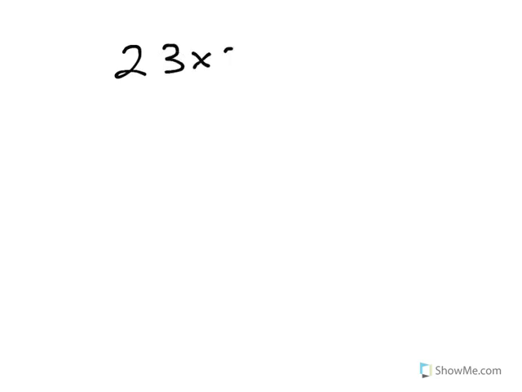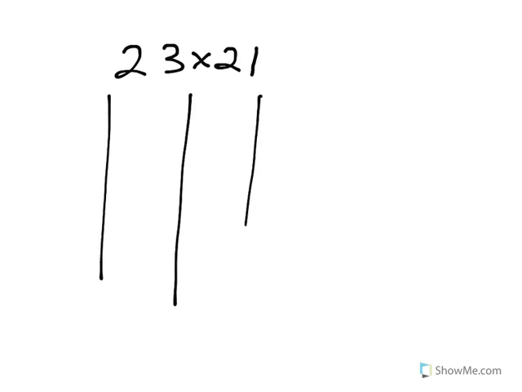For instance, 23 times 21. The way we do this is we make a little chart, a 2-column chart. And in the first row, we put the number 1, and then the thing that we're multiplying. So 23 times 21, we put that 23 over here.